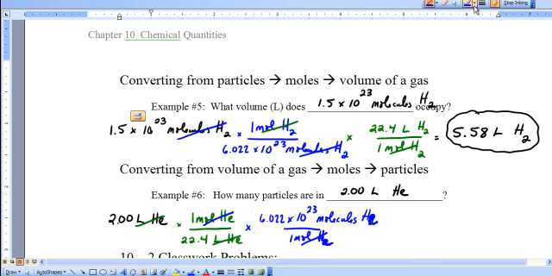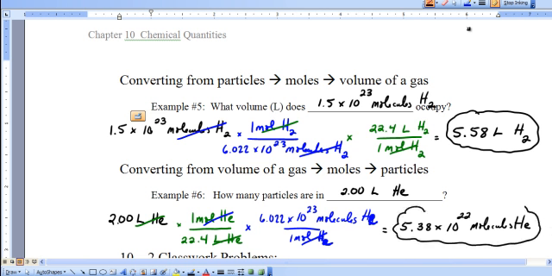And now you're ready to do the calculation, where you're going to take 2.00 divided by 22.4 times Avogadro's number, and if you perform that calculation, you should get 5.38 times 10 to the 22nd molecules of helium He. So that would be the number of molecules of helium that could fit in a 2-liter pop bottle at STP.